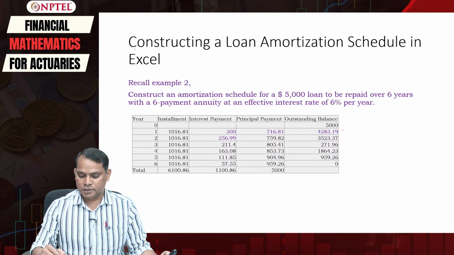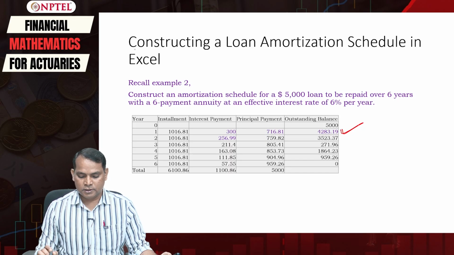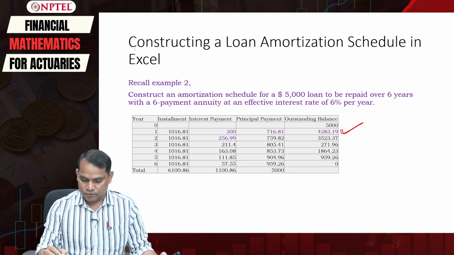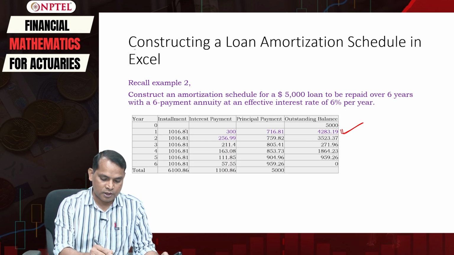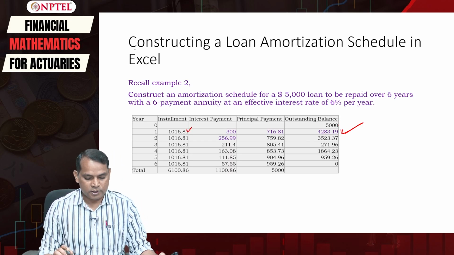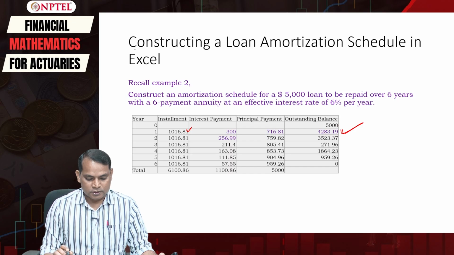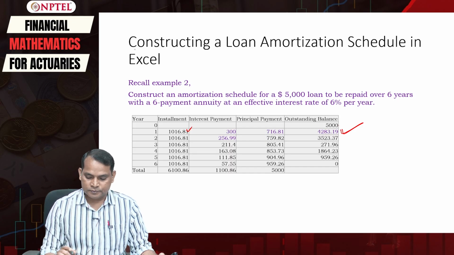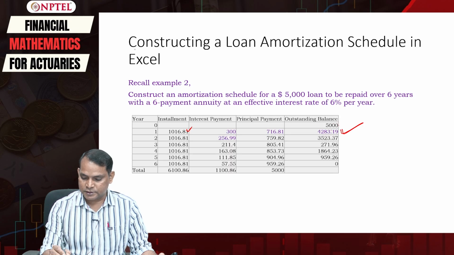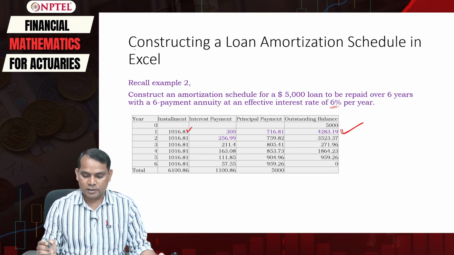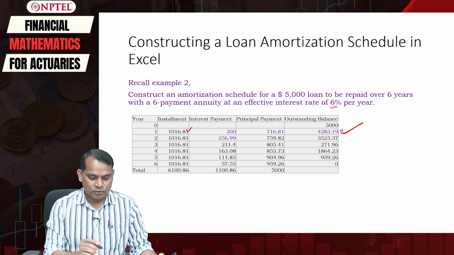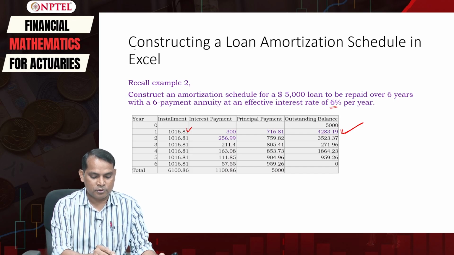This is the initial loan amount, and this is the installment that you computed using the prospective method, that is the present value given the interest rate. The stated interest rate is 6% and n is equal to 6 years, and therefore using the formula you have got this one.